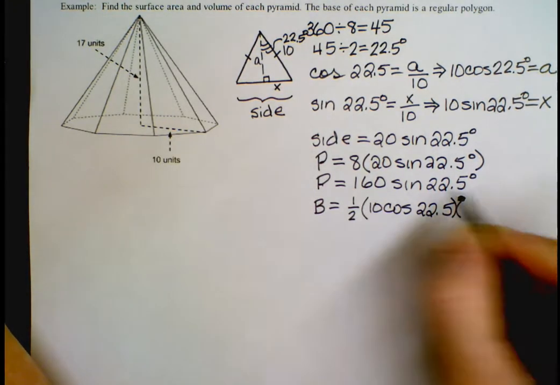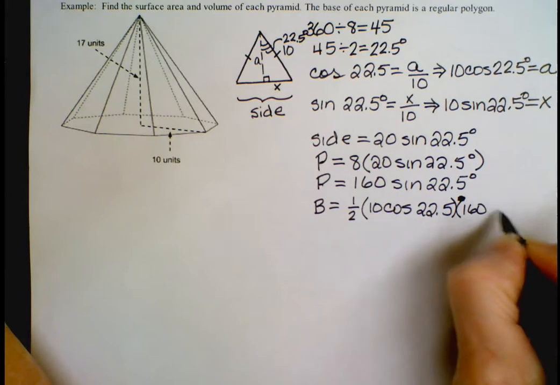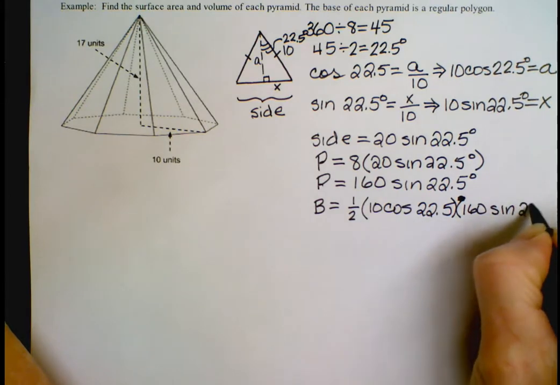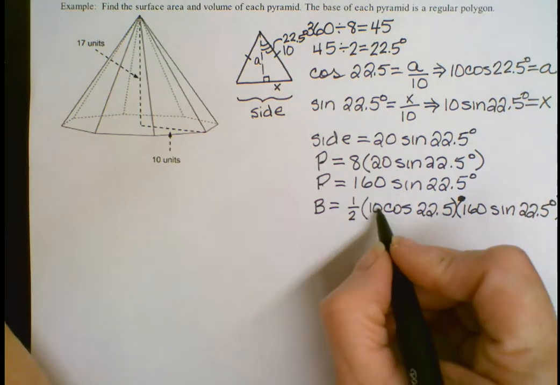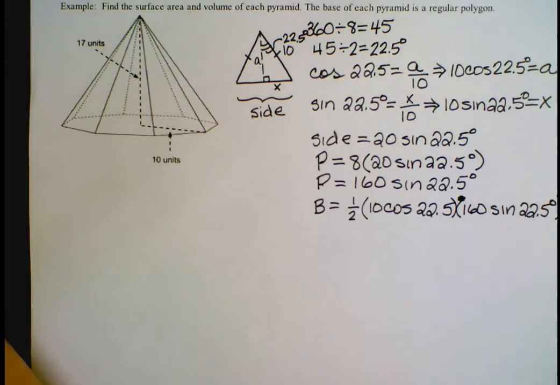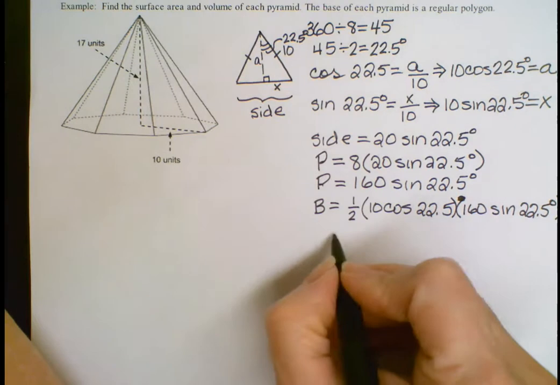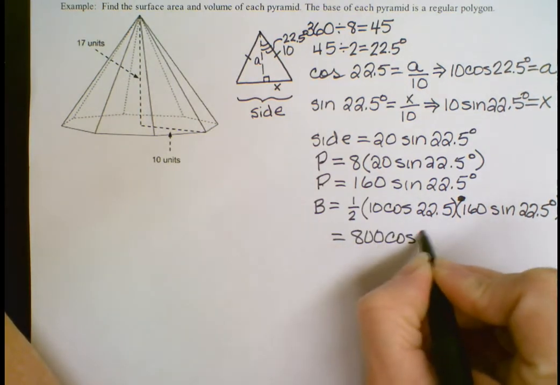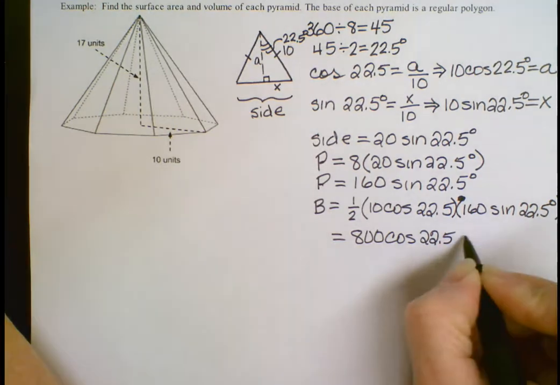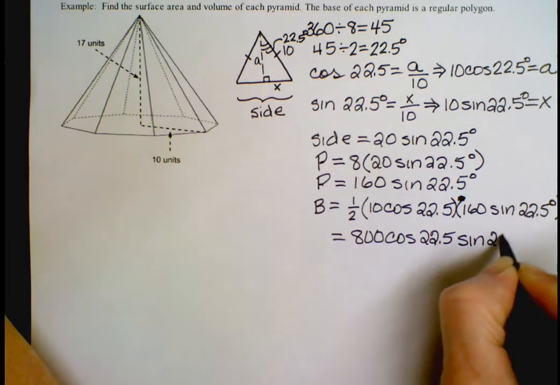Perimeter is 160 sine 22.5 degrees. So let's see, half of 10 is 5. 5 times 160 gives us 800 times the cosine of 22.5 degrees times the sine of 22.5 degrees.